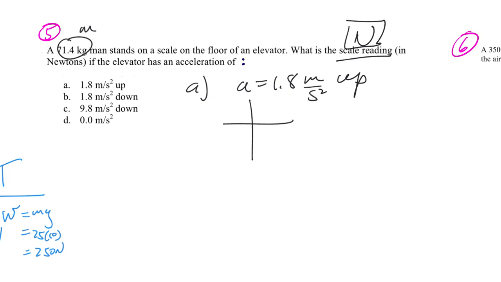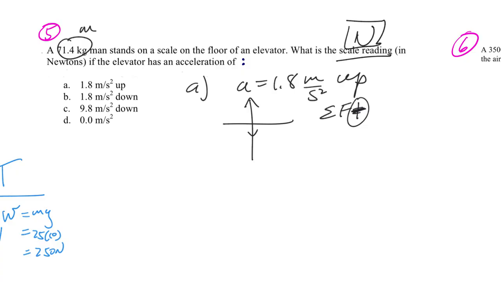So that means the net force is up, is positive, is up. And so if the net force is up, the force that points up is bigger than the force that points down.